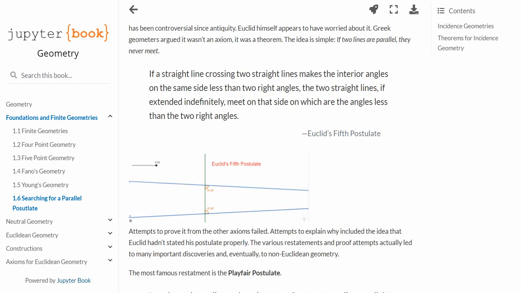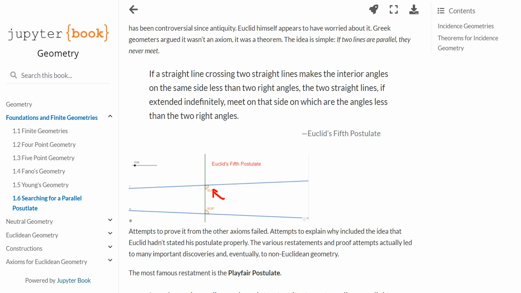He's saying that if a straight line, a transversal, crosses two straight lines and makes the interior angles on the same side, and if they're extended indefinitely, they meet on that side where the angles are less than two right angles. You can see that when the interior angles on this side are less than 90 degrees, the lines come together and they'll intersect somewhere down there.